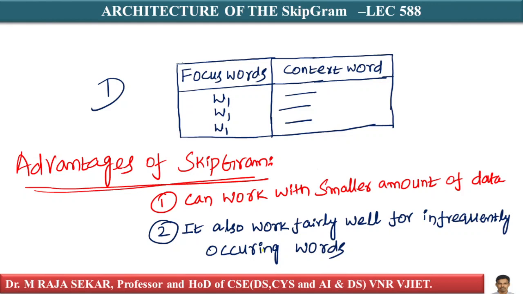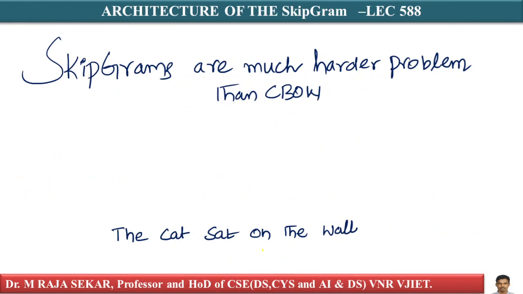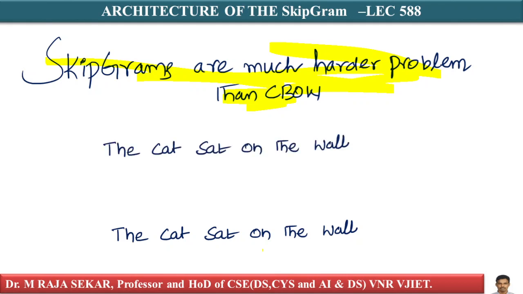That's important. It's the opposite of CBOW. If you think about it, SKIPGRAMs are much harder problems than CBOW, because we are just giving one focus word and trying to predict k context words.